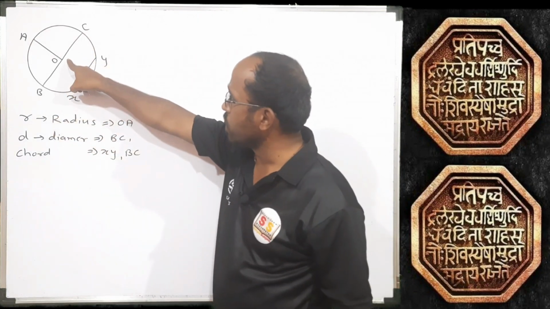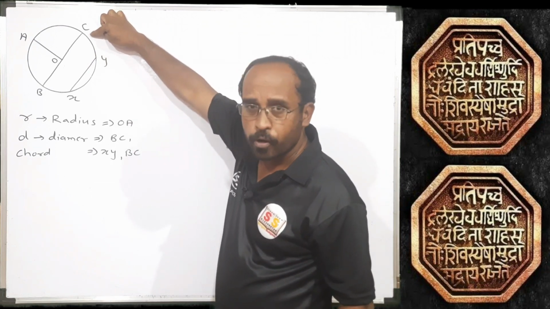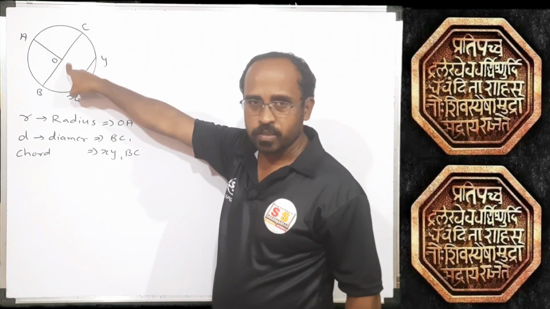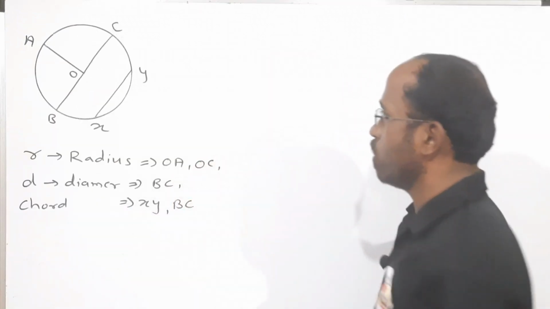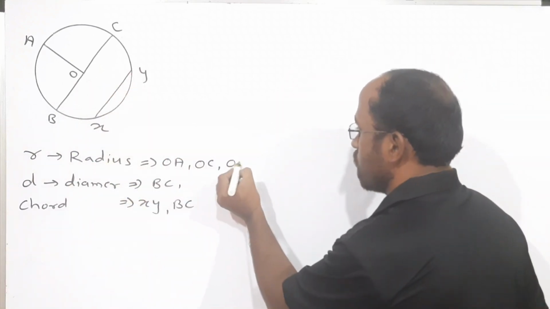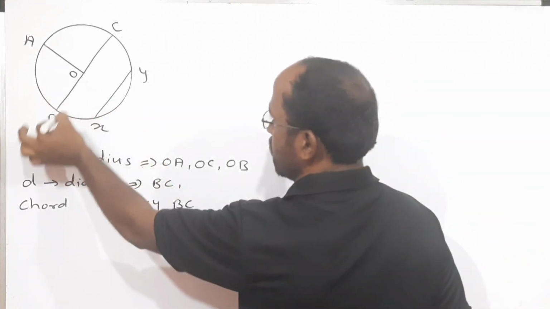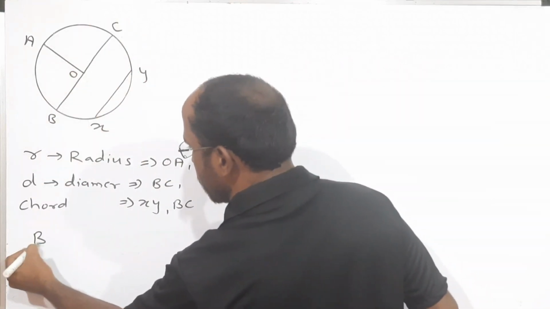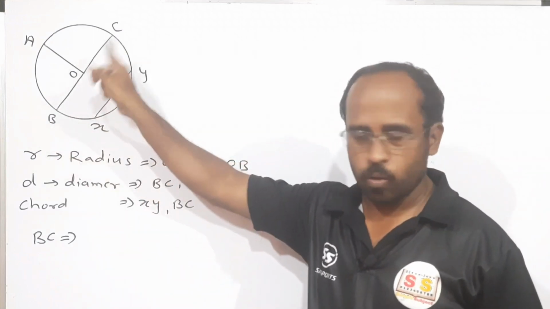So can we say this OC is also a radius because this is joining one point on the circle and center of the circle. So OC is also a radius as well as OB is also a radius. Clear, students? Now if you look at the line segment BC, it contains two radii, OB and OC, right?